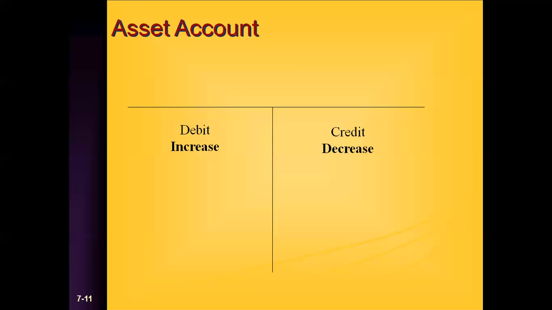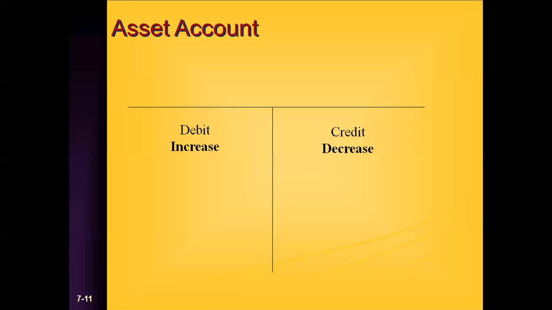So in an asset account, as the account increases, the account would be debited. If the account is decreasing, when there is a corresponding debit increase, there would be a corresponding credit decrease.